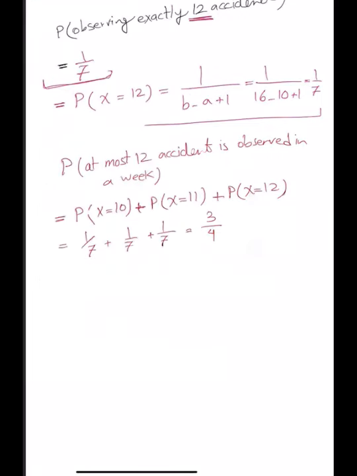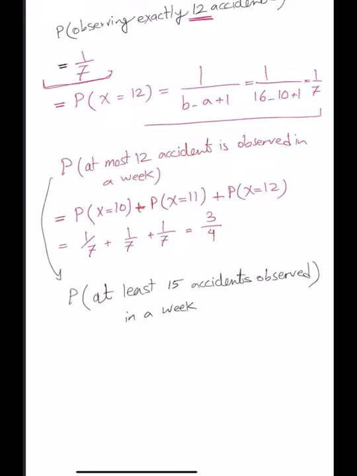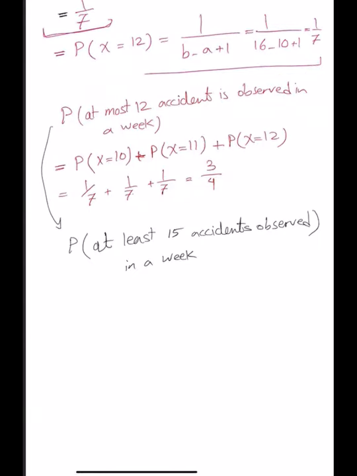What if I tell you the probability of at least, for example, 14. Let me just change it so we don't get necessarily similar numbers. At least 15 accidents observed in a week. What is this probability that I observe at least 15 accidents in a week?